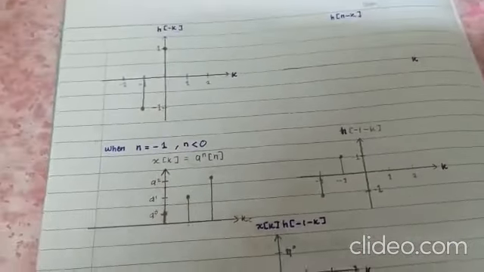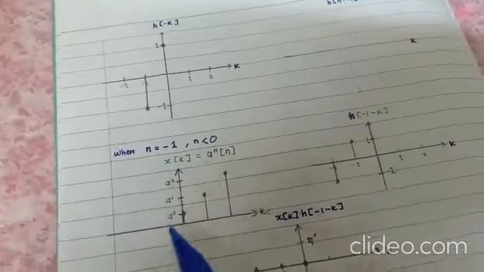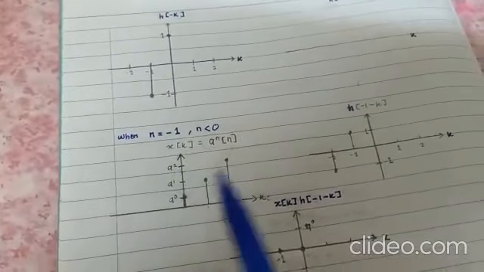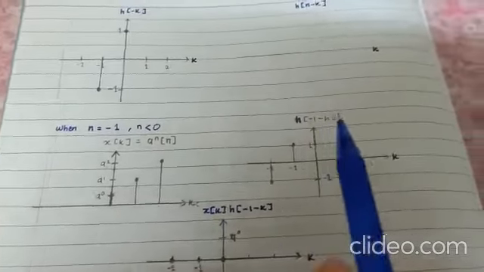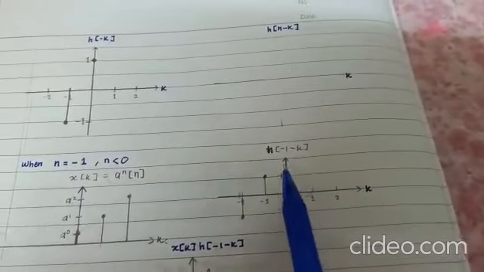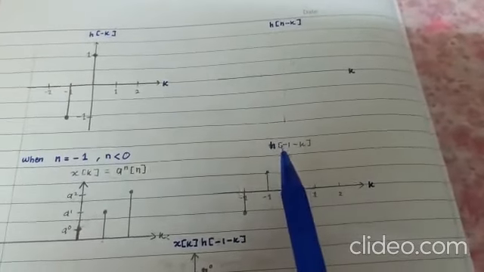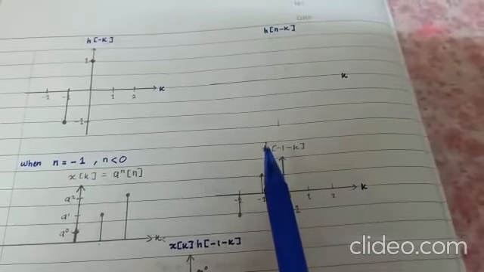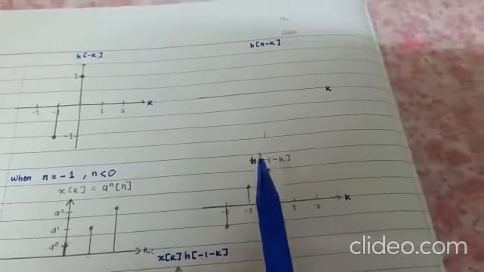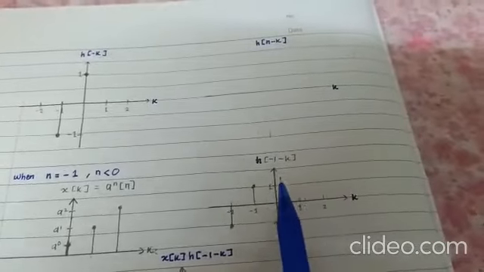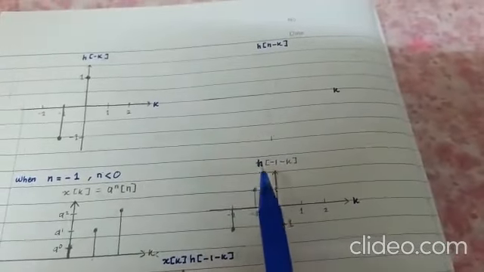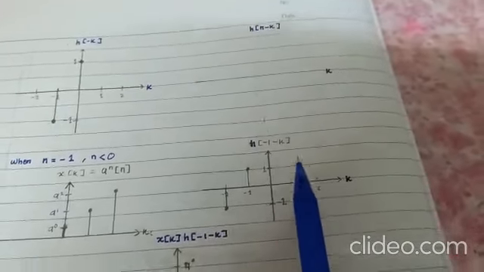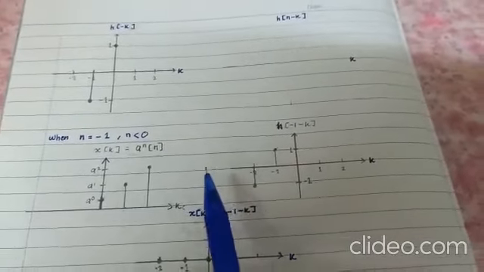Okay, first of all, n less than 0, which is negative 1. So when n is less than 0, we get h n minus k, where our n is negative 1. So h negative 1 minus k, we will get this graph.